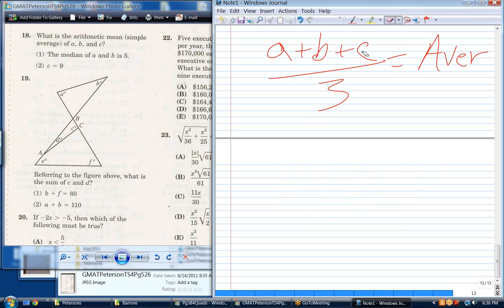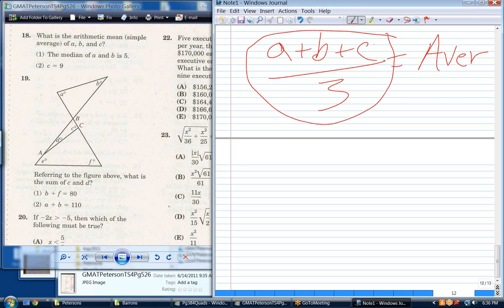Okay, good. So let's take the easier one to work with, number 2. Let's start with 2. Does this allow us to answer this?